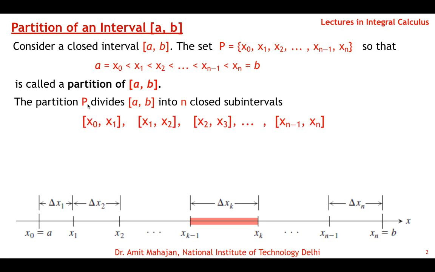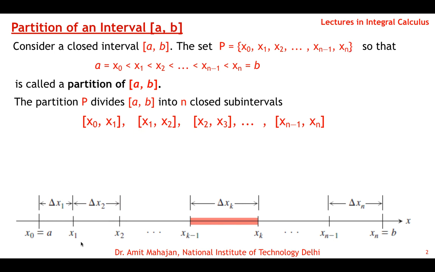So the partition P divides the interval AB into n closed subintervals, and these are the subintervals: x0 up to x1, that's the first subinterval, then x1 to x2, then x2 to x3, and so on, xk minus 1 to xk, and so on, xn minus 1 to xn. So we get exactly n subintervals by using this partition.